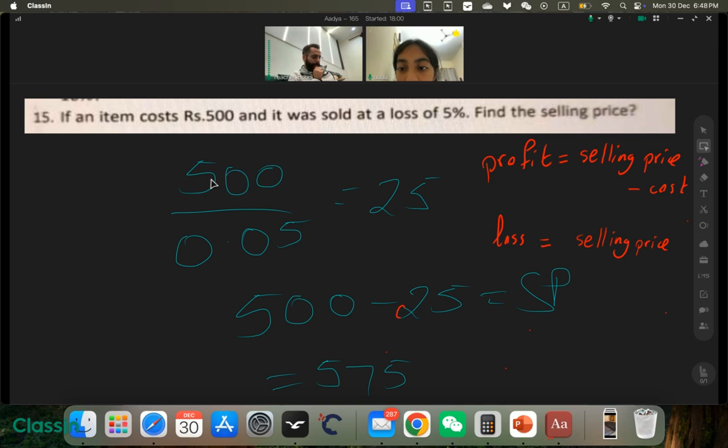Loss is equal to the cost minus selling price. I don't have the formula memorized, I'm just looking at it. So the selling price and the cost. So the loss is equal to cost minus selling price.